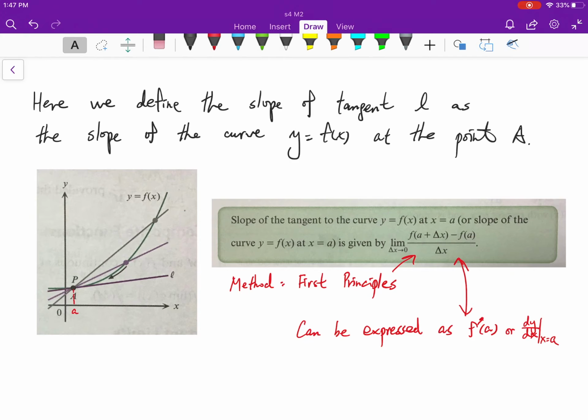We define the slope of the tangent L as the slope of the curve y equals f(x) at the point. The slope of this L, we define it as the slope of the curve at this point.